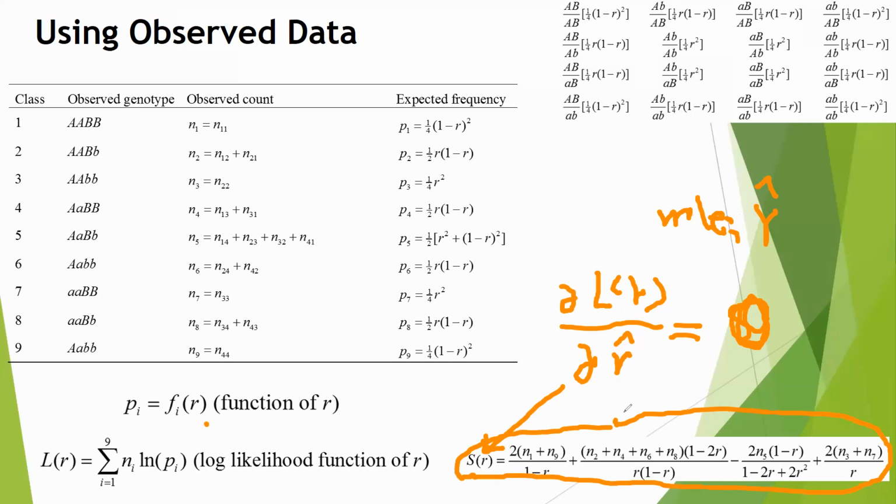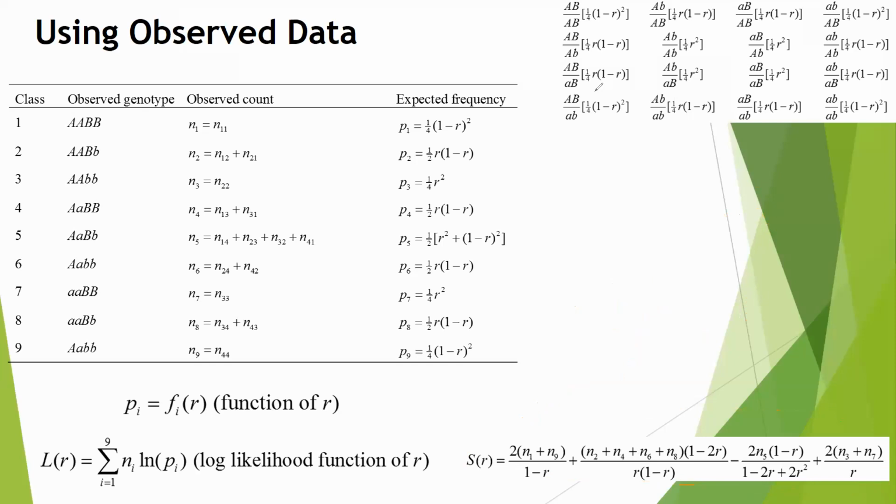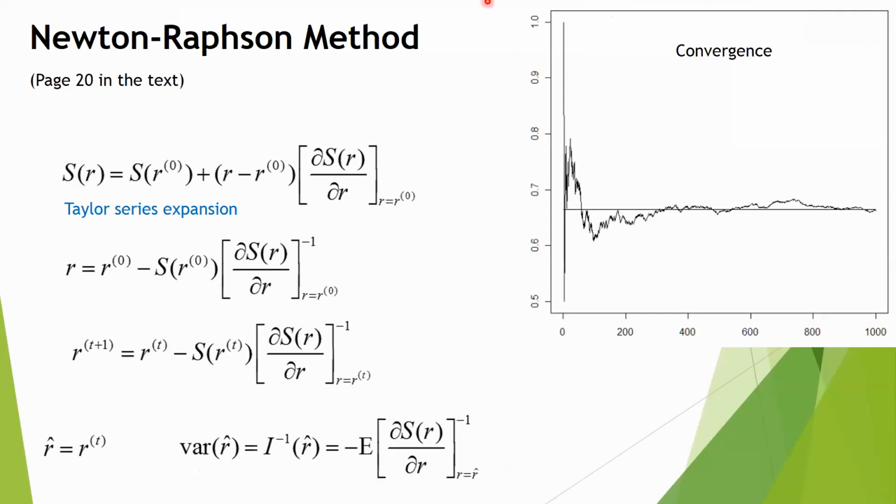It's not in a short and concise form, which means it's not easy for us to solve for R even if we set this first derivative equal to 0. So instead of using the regular MLE, we use the Newton-Raphson method, the iterative method, to help us solve for R hat. So any questions here?